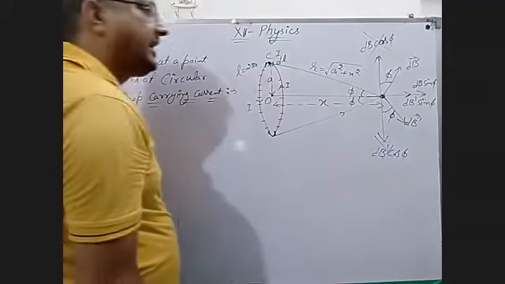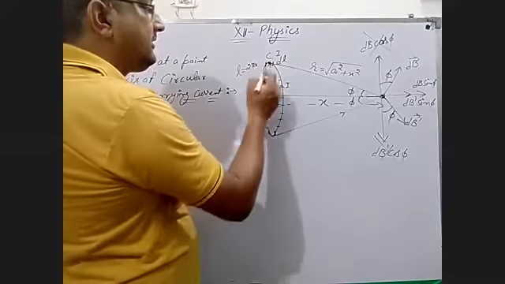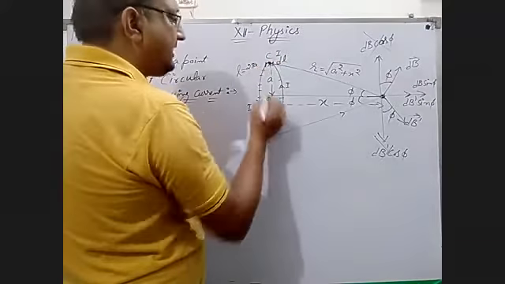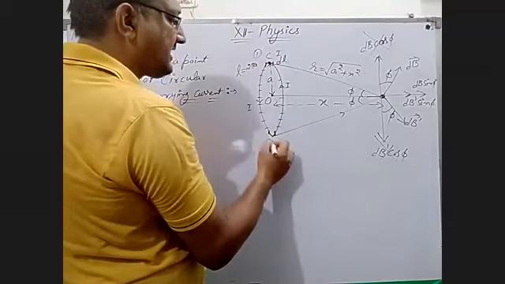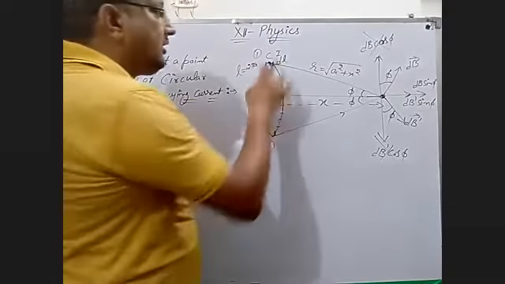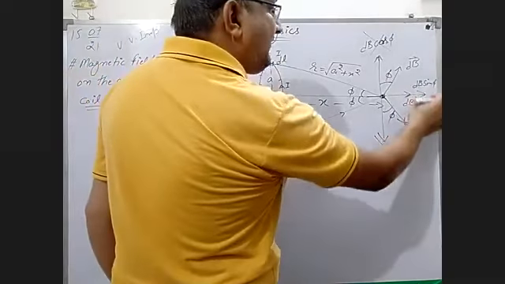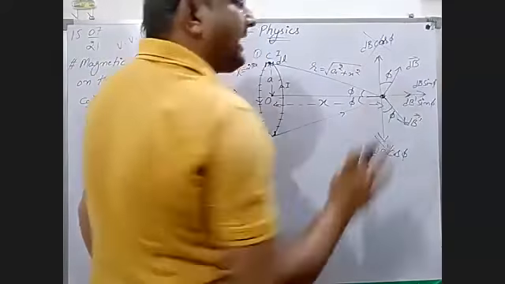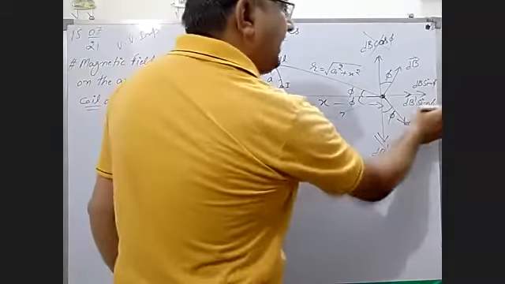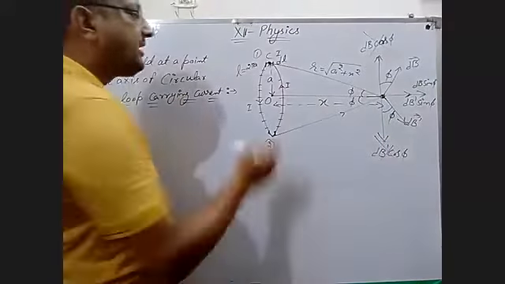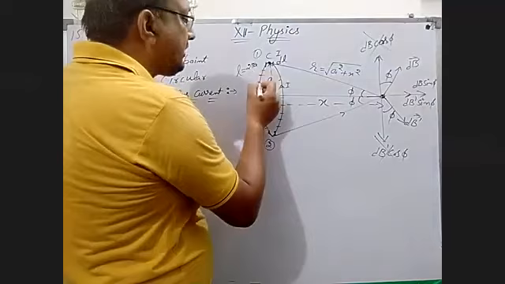This is one part, this is another part, this is the first part, so this is the second part. Okay, both have the same value, and then you can add this thing, dB sin phi and dB dash sin phi. But what about other parts?